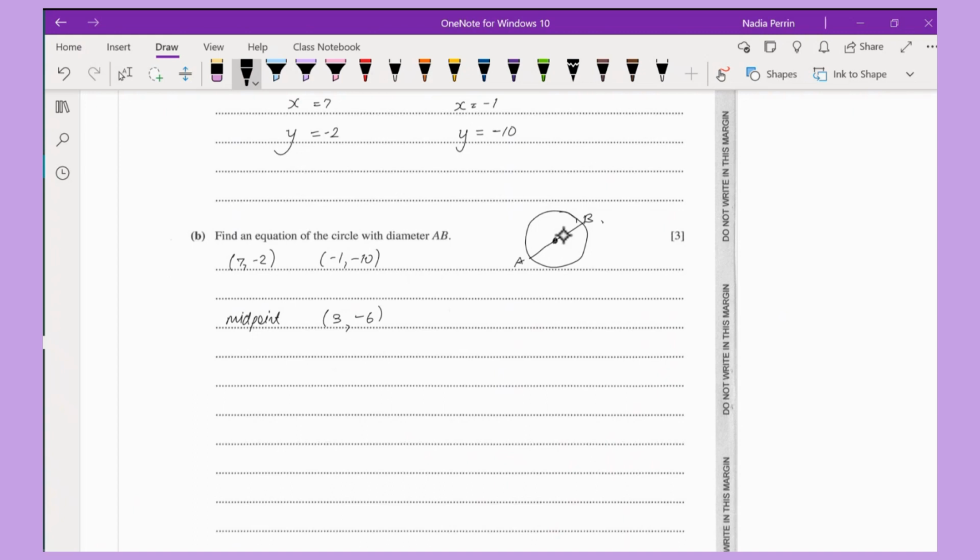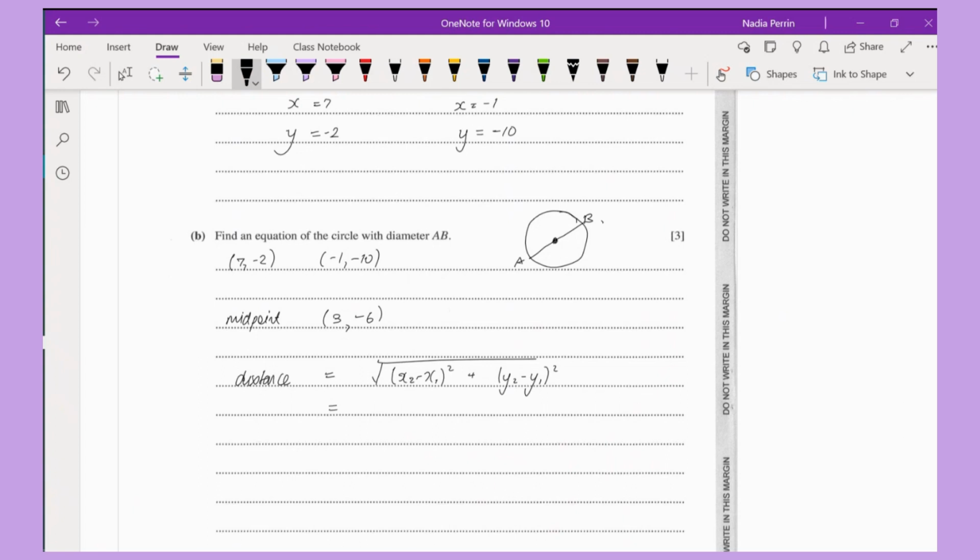The next thing we need to know is the distance of the diameter to help us find the radius. So just remembering the distance formula, that's not on your formula sheet. So you take the x's, find the distance between, subtract them, square them, basically using Pythagoras.